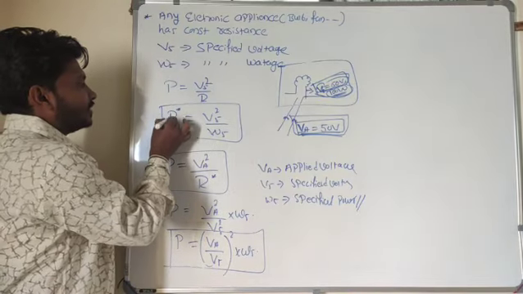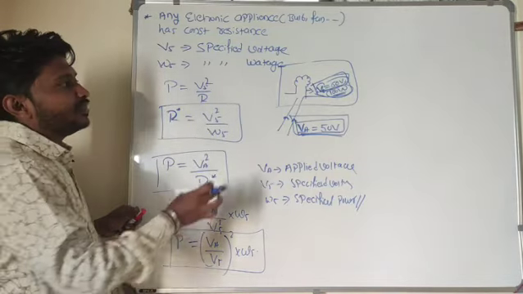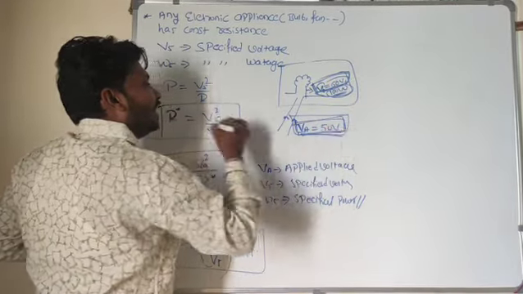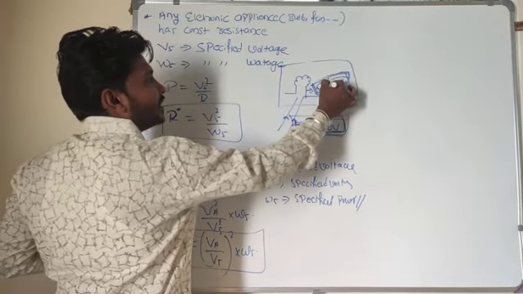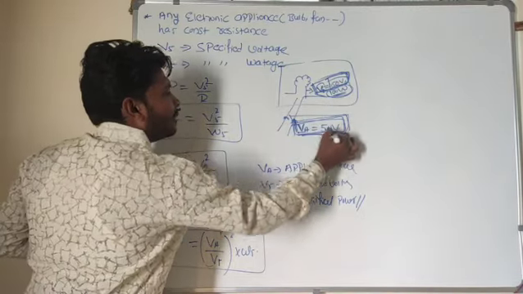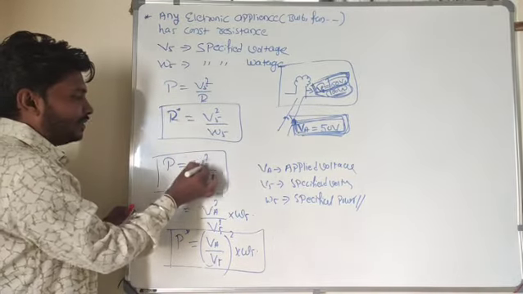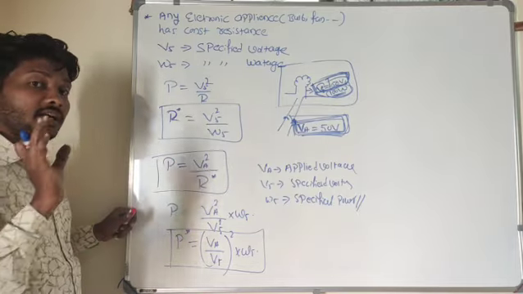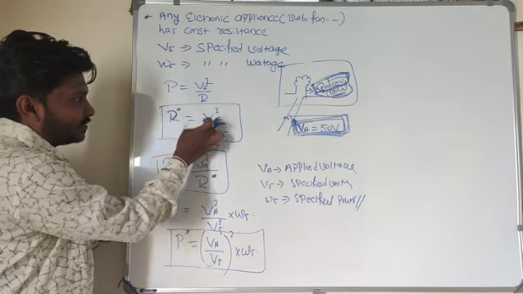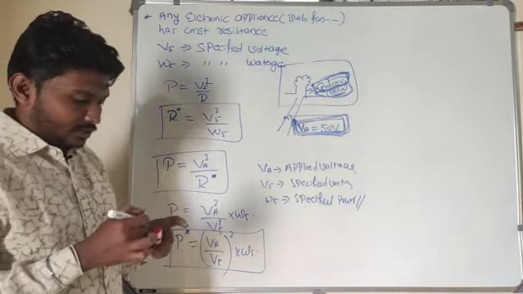To find the resistance of the appliance, R is equal to V square of S by W of S. For example, if I apply a voltage less than the specified voltage, where the specified voltage is 60 volt and I supply less than 60 volt, so the applied voltage is 50 volt, then how much power it will consume I can find by the formula P is equal to V square of A by R. If the resistance of the bulb isn't mentioned, wherever R is there I take V square of S divided by W of S. Using that formula I can find the power consumption in the bulb.